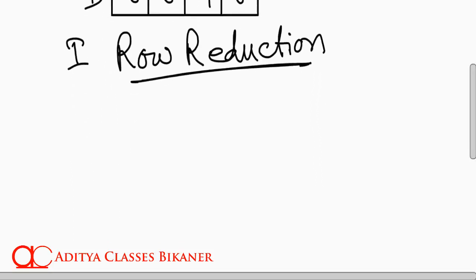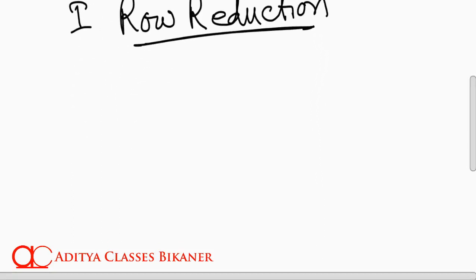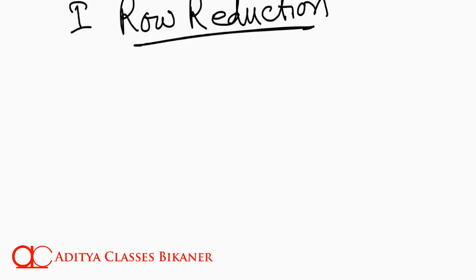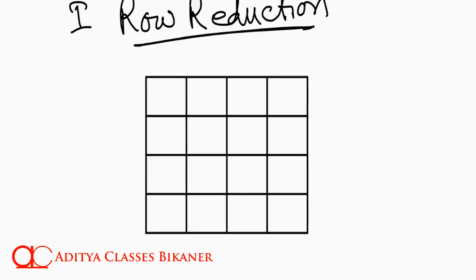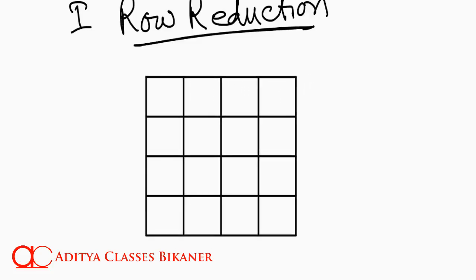How do we go about it? We'll make a new table of the same size. Who were our workers? They were called A, B, C, D. What were my tasks? P, Q, R, and S.